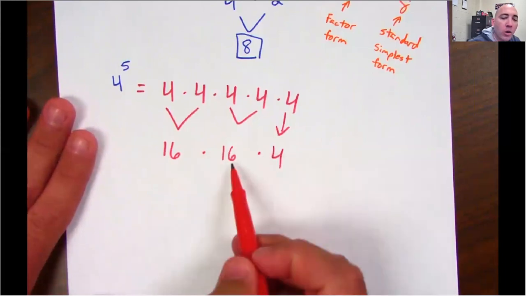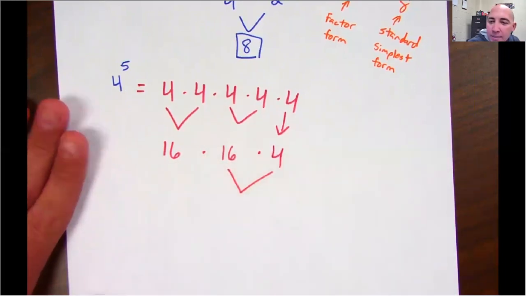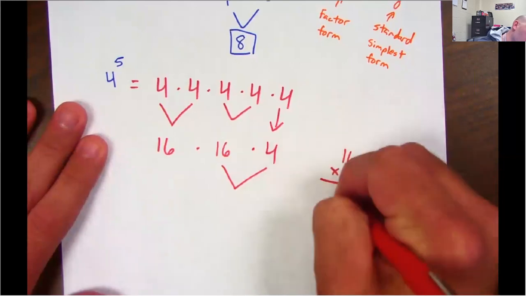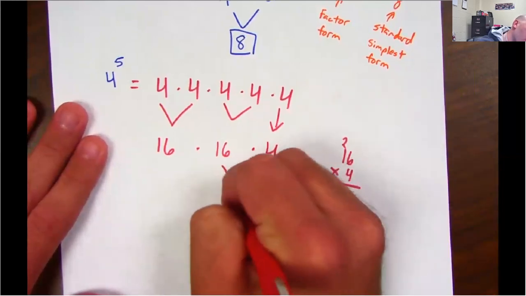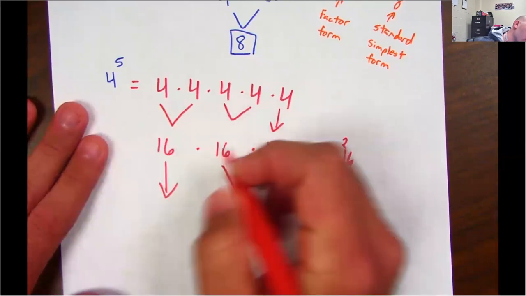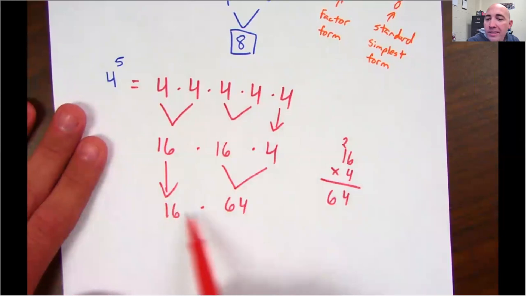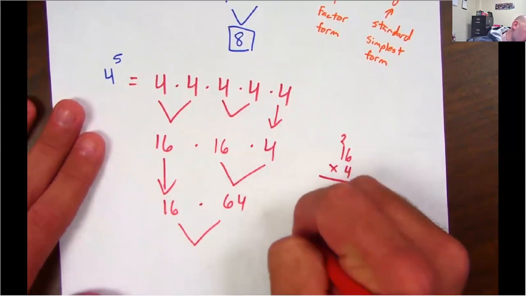So I'm going to start with these 2. What is 16 times 4? Well, that is 64. Bring down the other 16. Now I have only these 2 numbers left. So what is 64 times 16?